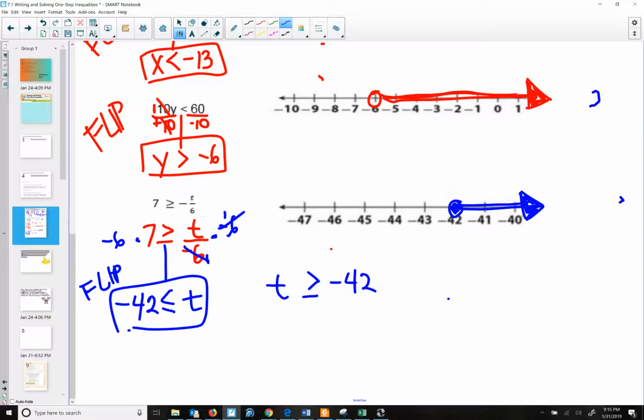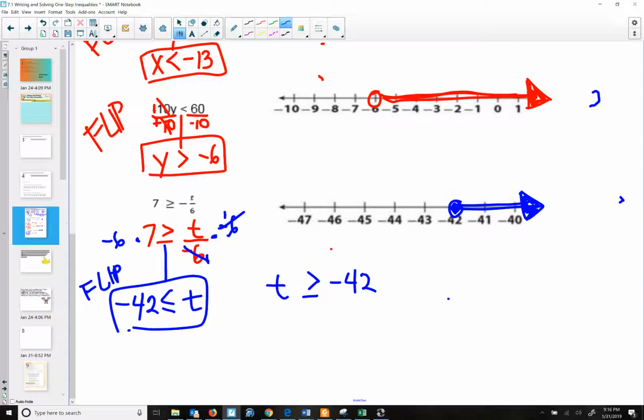Another reminder, if you're still getting confused, as long as you have the variable on the left side, then you can just look at which way the less than or greater than symbol is facing, and that is basically the arrowhead you color in or shade in, and that's the direction you go.